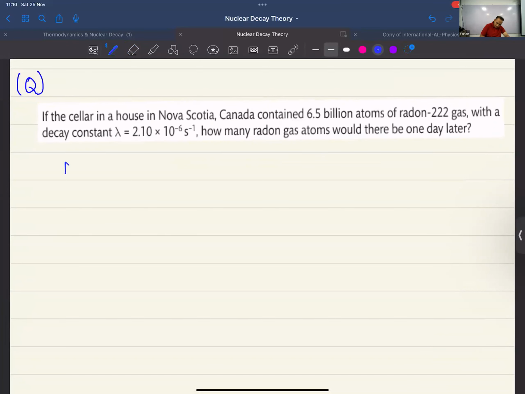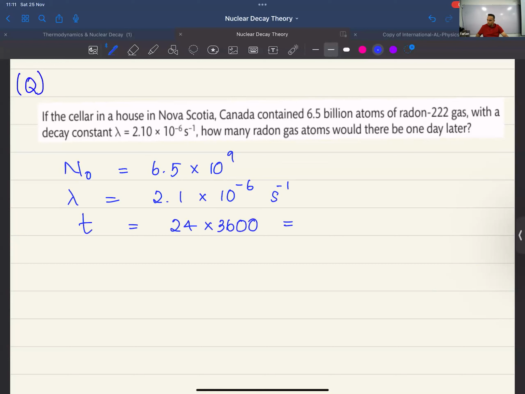So N naught is 6.5 billion atoms, 6.5 into 10 to the power 9 atoms. Decay constant is 2.1 into 10 to the power minus 6 per second. After 1 day means 24 hours into 3,600 seconds, which is 86,400 seconds.